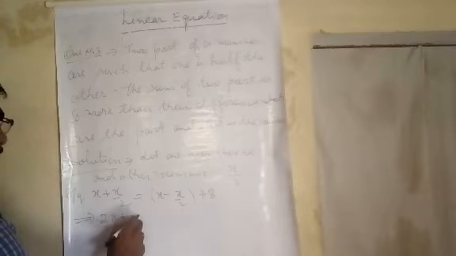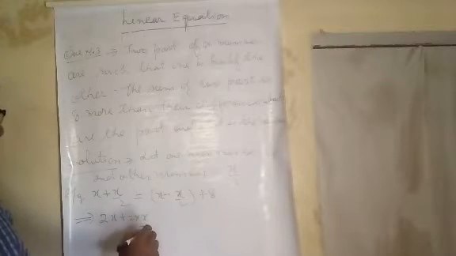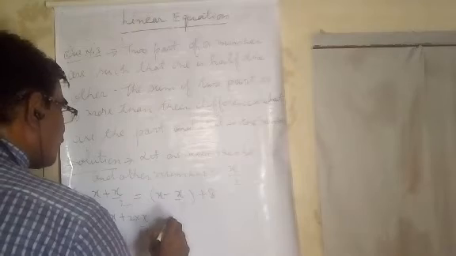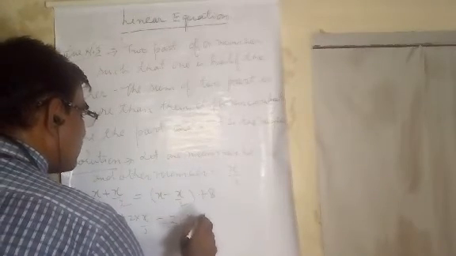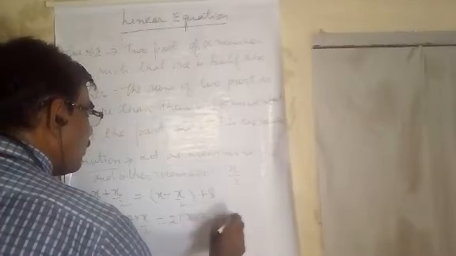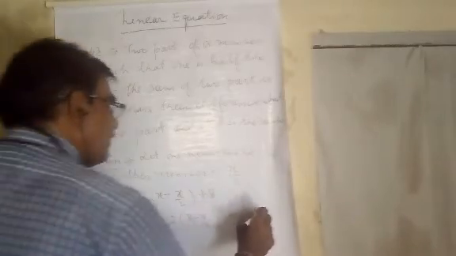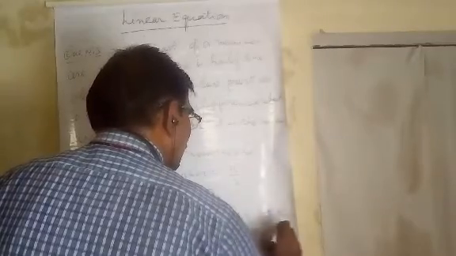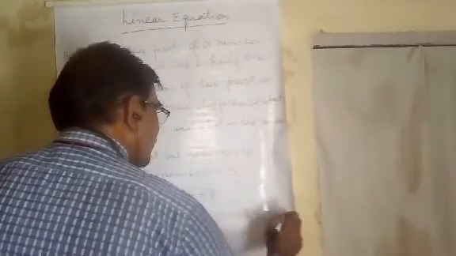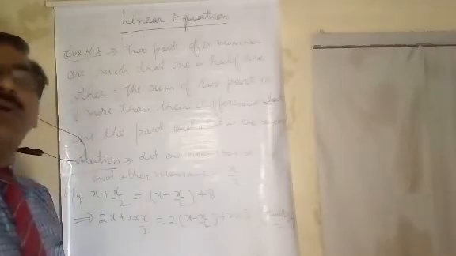Therefore, we multiply 2 on both sides. That will be 2x plus 2 into x by 2 equal to 2 into x minus x by 2 plus 2 into 8. Here 2 is cancelled by 2.